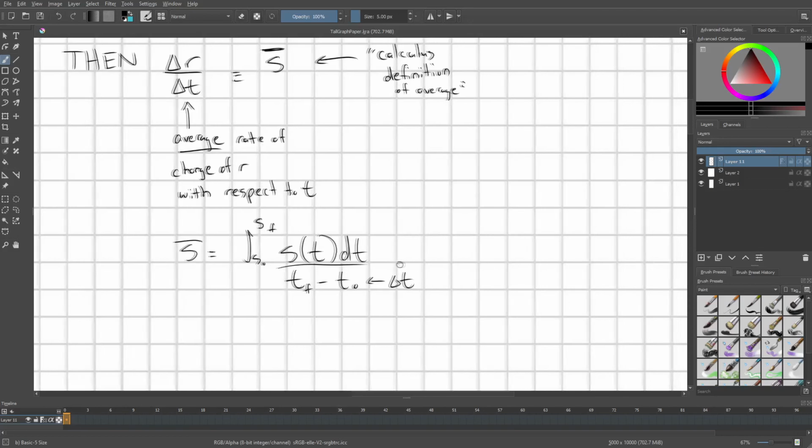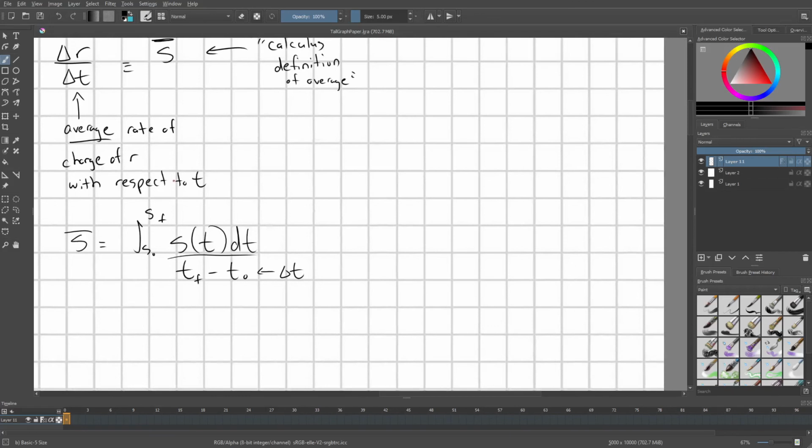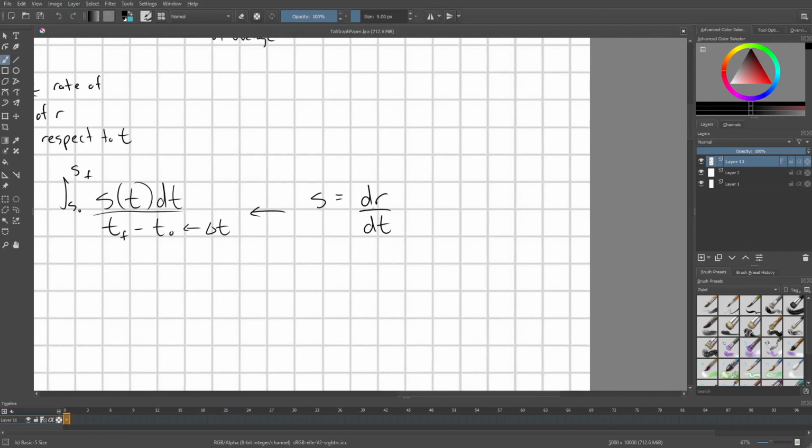The reason for this is very simple. Say that we have, like before, s equals dr over dt. We can move the dt to the other side and be left with dr. We could integrate both sides from t naught to t final and r naught to r final, and we would get r final minus r naught equals this integral.